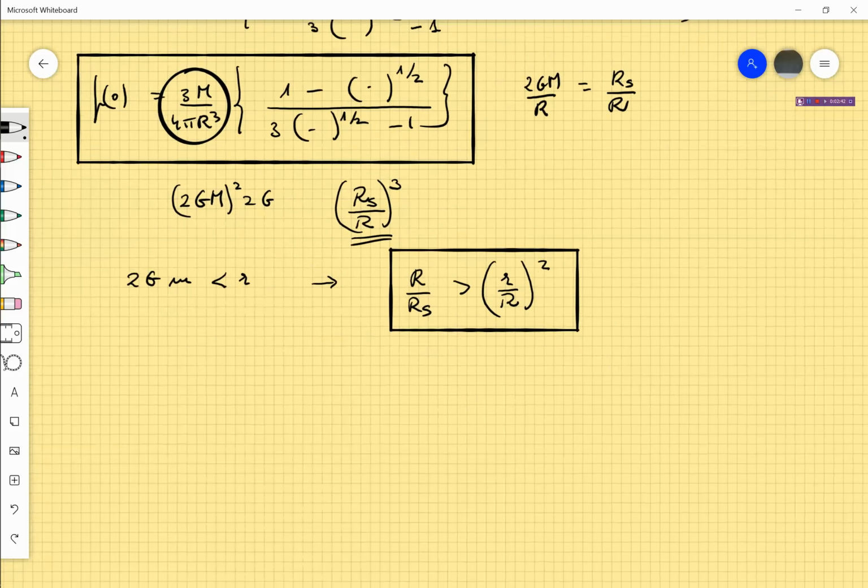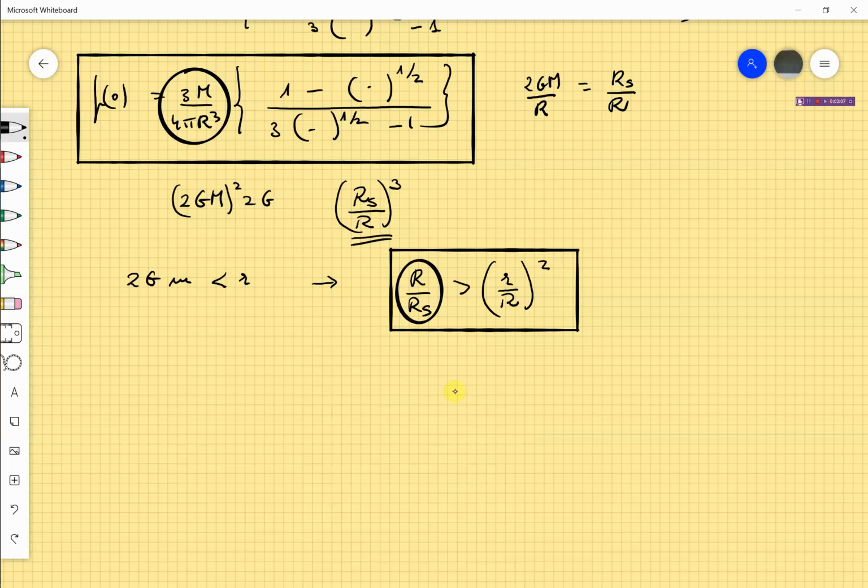Okay, the simplest way to satisfy this is if this is larger than 1 and this is in general smaller than 1, and you see that this has to be always smaller than 1 because r is smaller than the radius of the star. Up to that point, after that, it doesn't really matter.